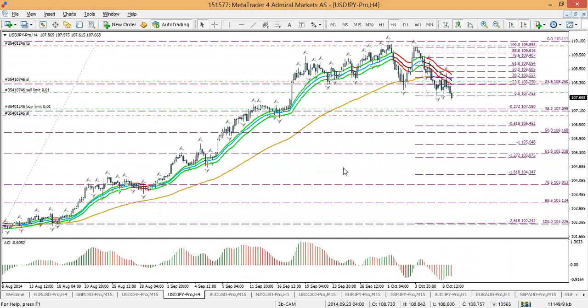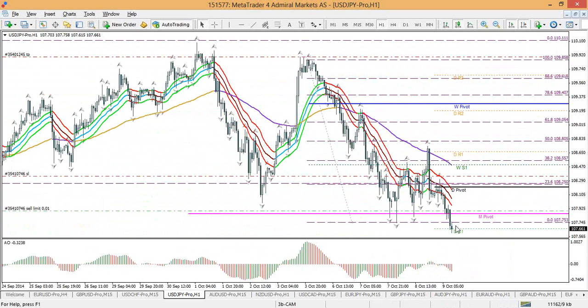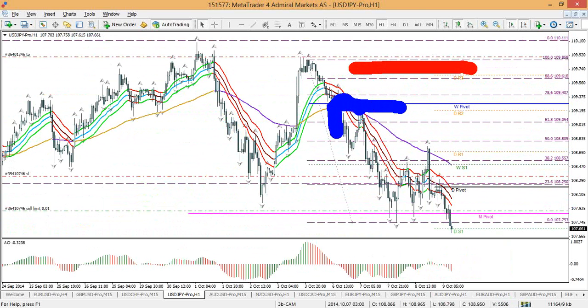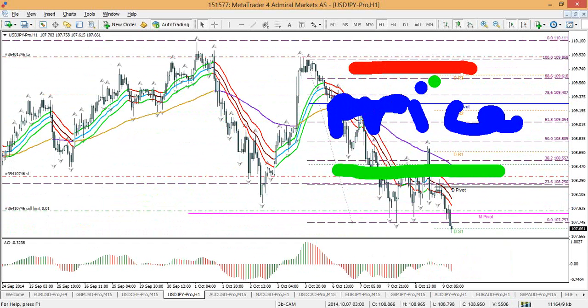So I think you mean support, probably. 107.37 cannot be resistance because price is above it. Resistance is above price, and support is below it. And 107.37 is below price, so it could be support.